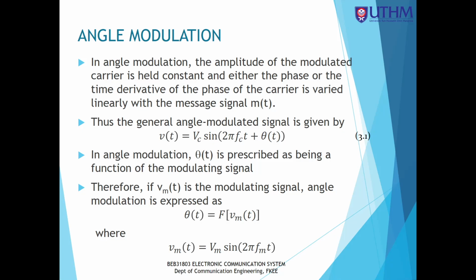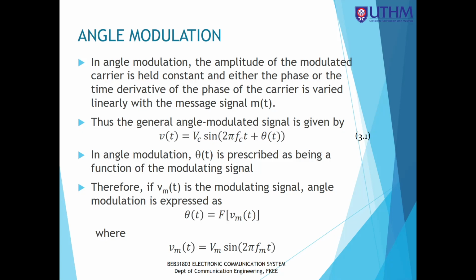Angle modulation, for example frequency modulation, is the process of changing the frequency of the carrier in accordance with the amplitude variation of the input message. That's FM. And phase modulation is the process of changing the phase of the carrier in accordance with the amplitude variation of the input message.